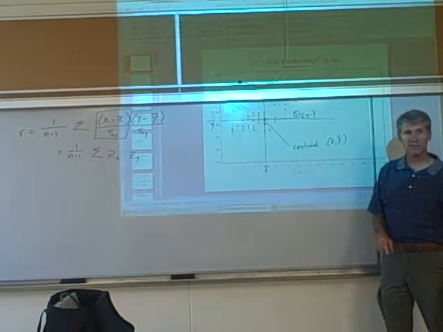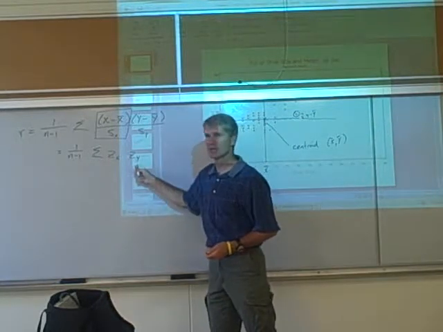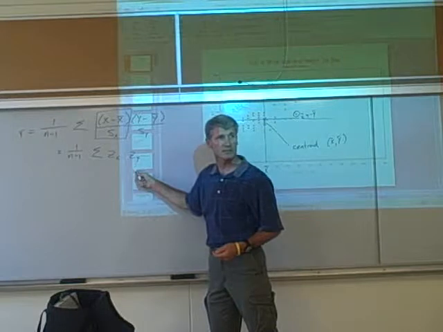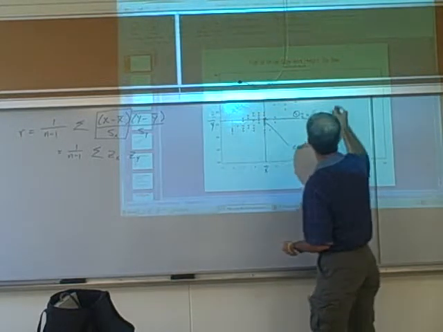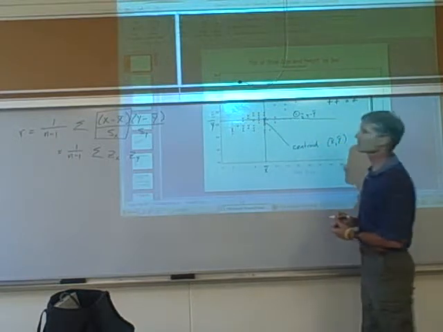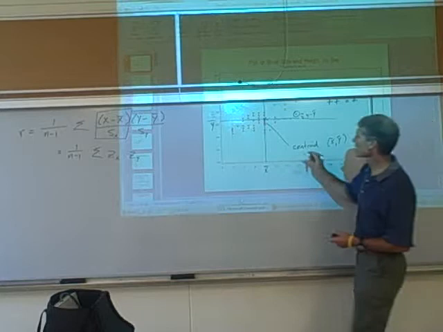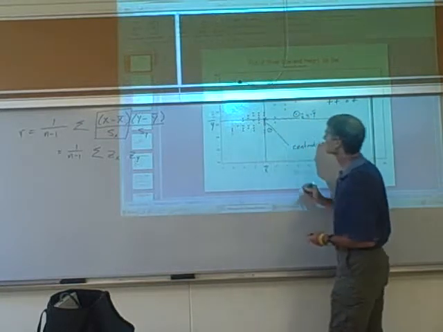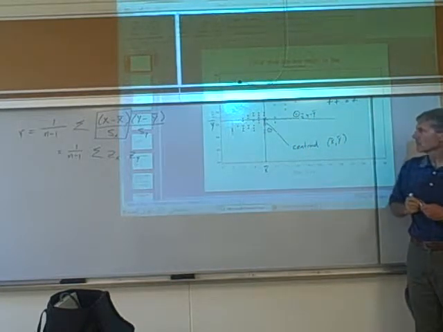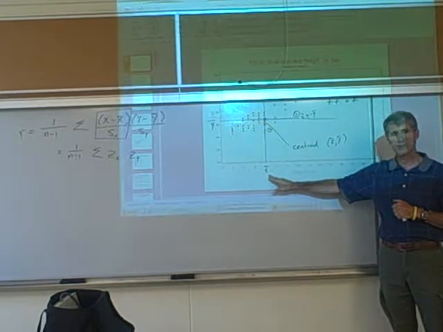What about the z-score for y? Will it be positive? So when I multiply these two together, I have a positive times a positive, and I get a positive. Right? Let's take this person. Is their x z-score positive or negative?